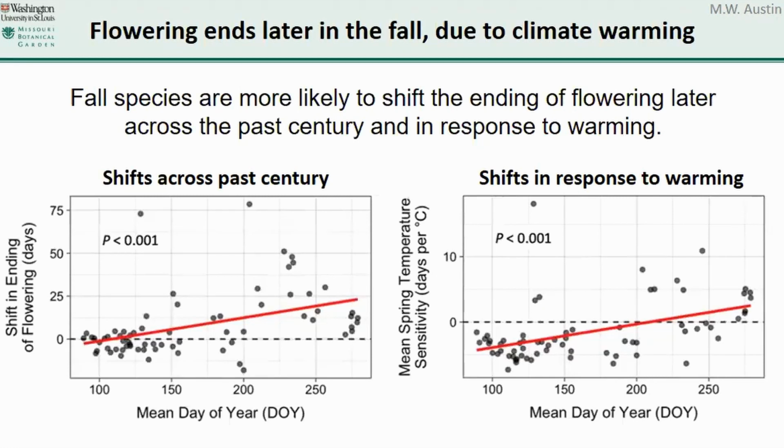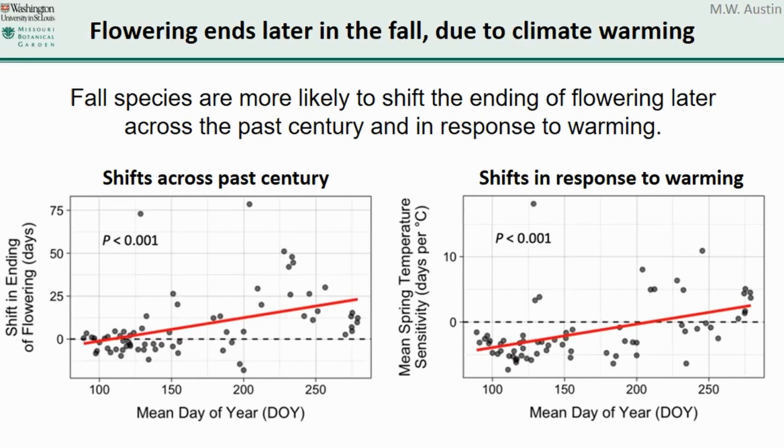That interpretation can be derived from these two analyses, where in each plot, each point is a species, and the x-axis of each plot gives the mean day of year that a species flowers. Thus, working from left to right in each plot, you're essentially seeing species ordered based on their consecutive flowering across the growing season.